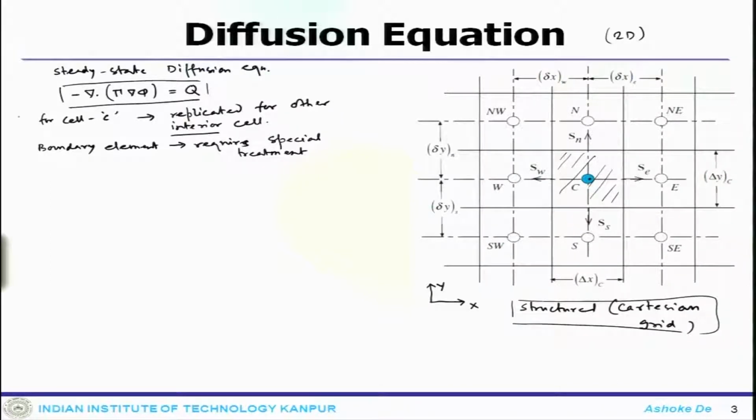One segment, segment A, which will comprise all the interior cells or elements like this, what we have shown here, C, W, N, and then you have another segment which will only represent the boundary cells.